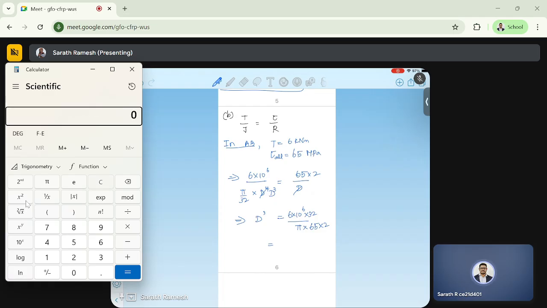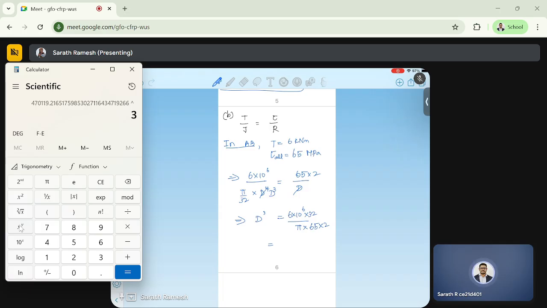So let's find it out. 6 into 10 to the power 6 into 32 divided by pi into 65. 2s are 130. Cube root, power 1 by 3.